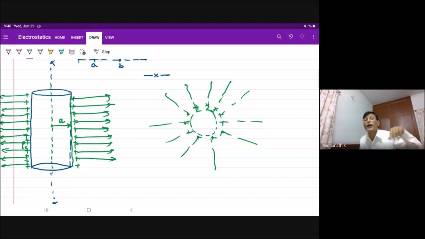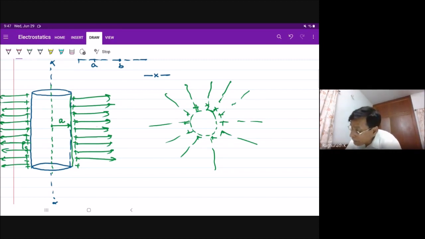Because charge resides on the outer surface, inside the cylinder, field is 0. Outside the cylinder, it is of infinite length now.